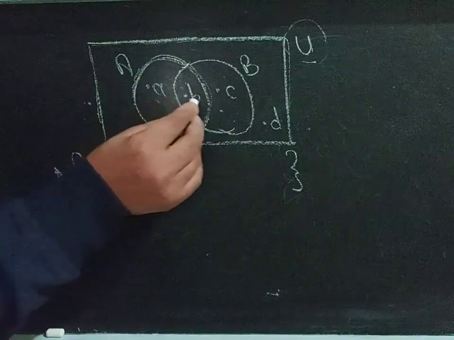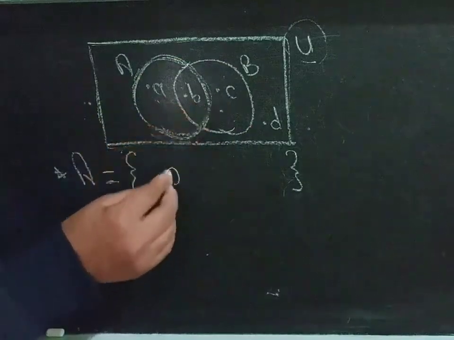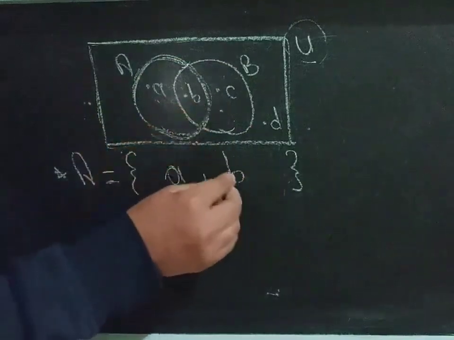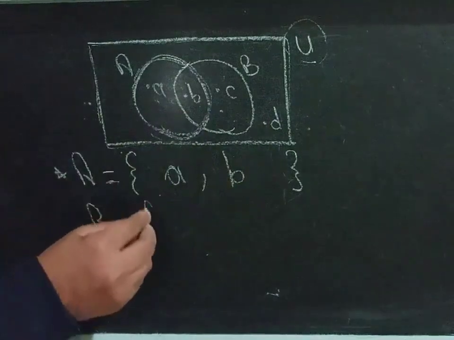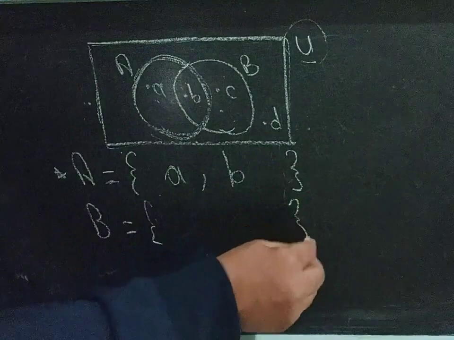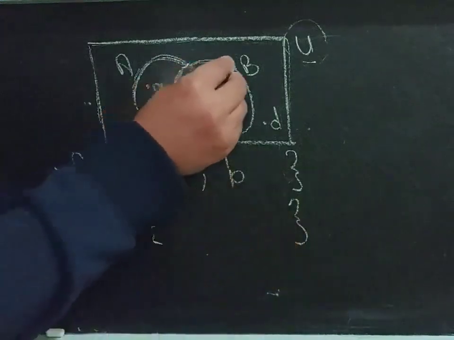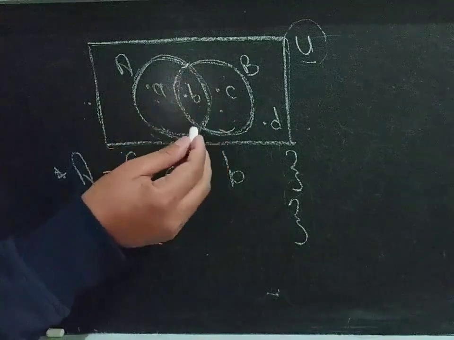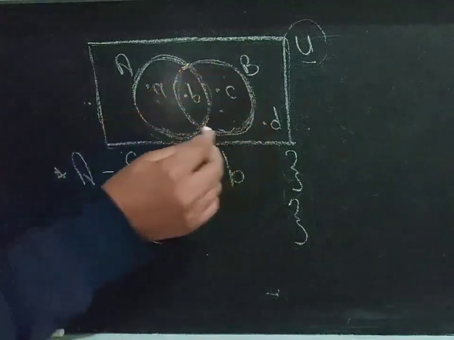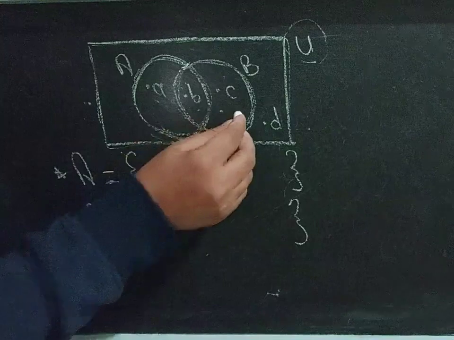I see the A and B. So you are going to write the A and B. For the B, you do the same thing. You highlight the shape of B and see which elements are under that shape, so B and C.